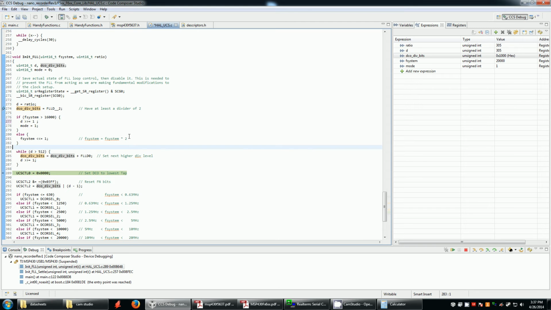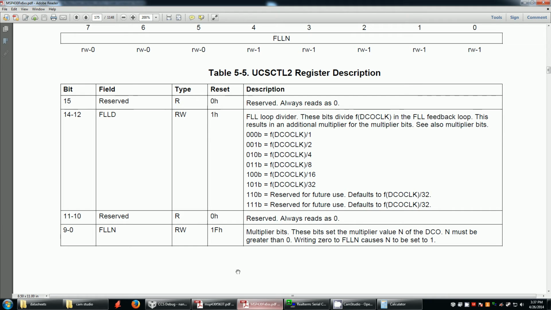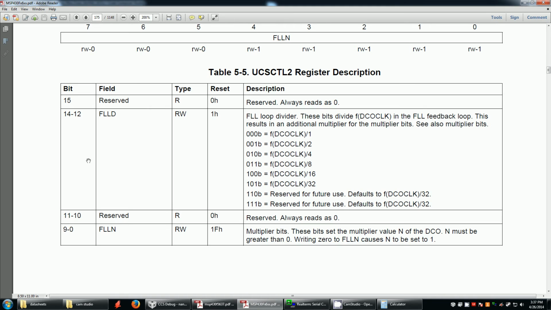And that's in hex. Okay, so that means that it's setting bit 12 to a 1, because the first 0 is the first 4 bits of this register, which is 0 to 3. The next 0 is the next 4 bits, which is 4 to 7. And then the next 0 is the next 4 bits, which is 8 to 11.